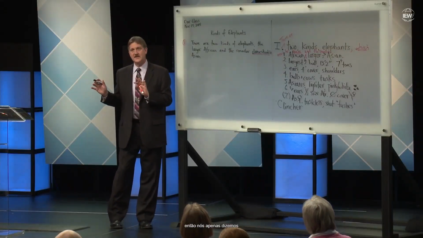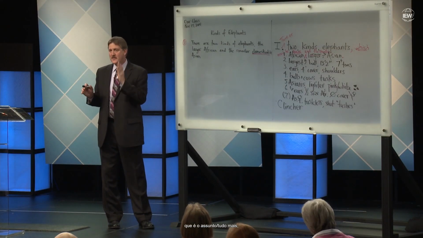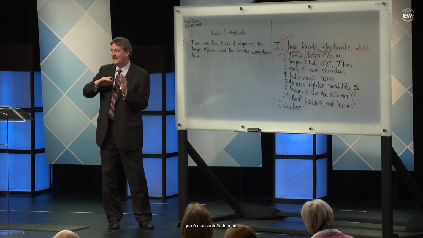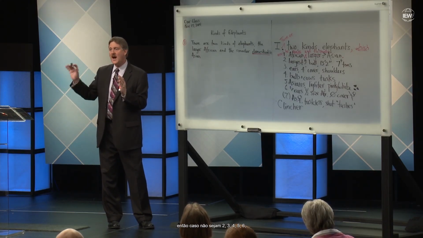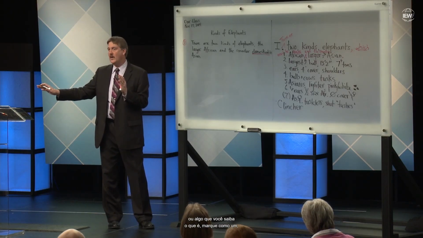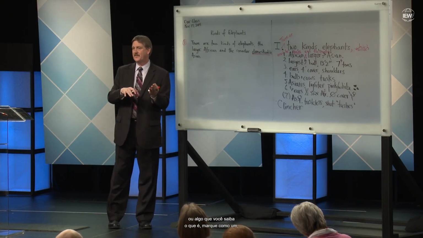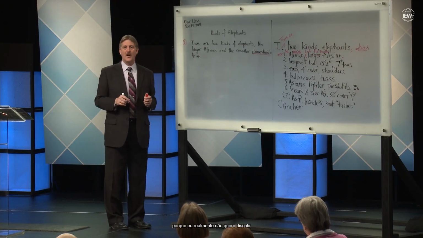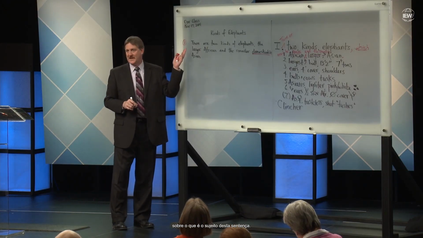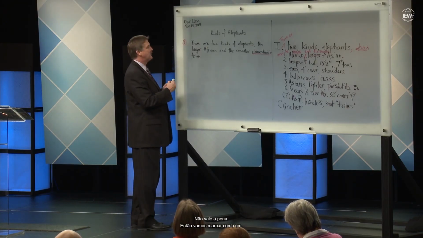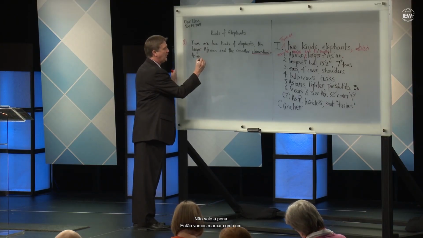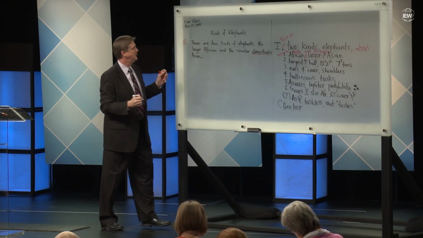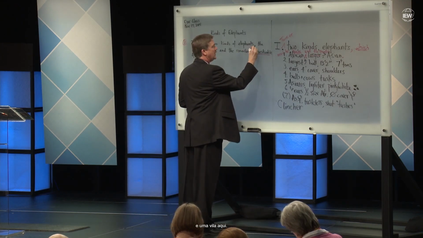So we usually just say it's a subject catch-all. So if it's not a 2, 3, 4, 5, 6 or something, you know what it is, just mark it a 1. And so that gives me a little more freedom because I really don't want to get in an argument about what is the subject of this sentence. It's not worth it. So we'll mark it a 1, put a period there, got a comma there.